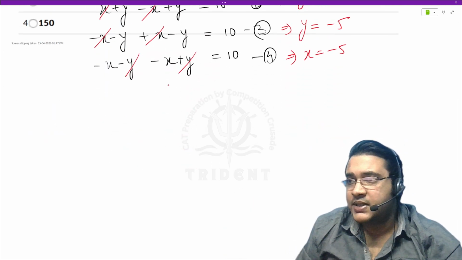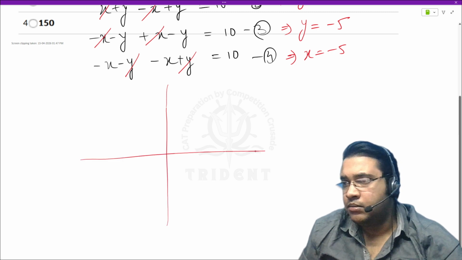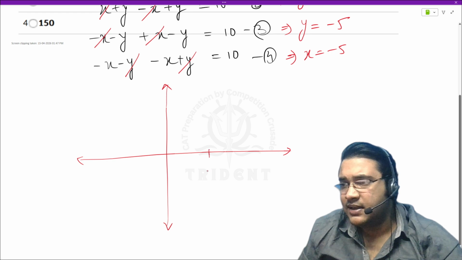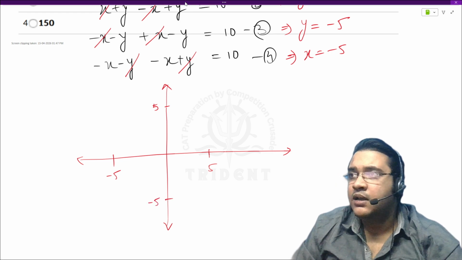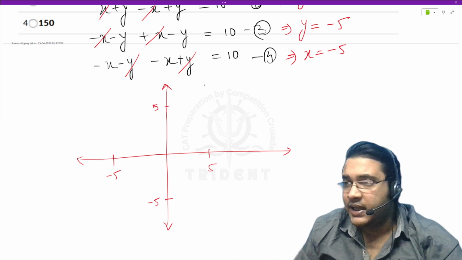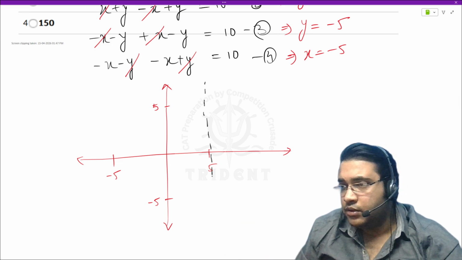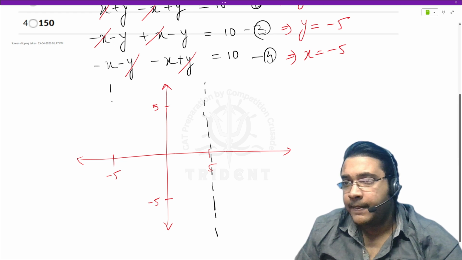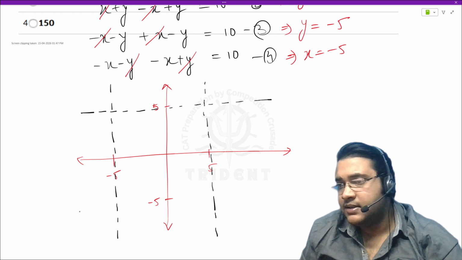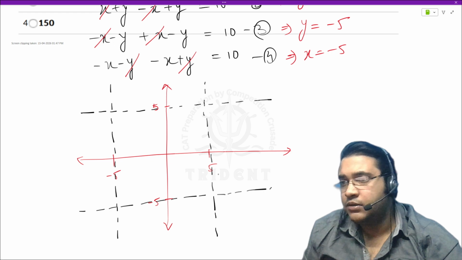How do I represent that? Let's make a makeshift coordinate system. Let's assume this is x equals 5, x equals minus 5, y equals 5, y equals minus 5, right? Now, the area bounded by these lines. x equals 5 is a line parallel to the y axis, so is x equals minus 5. y equals 5 is parallel to the x axis, and y equals minus 5 is again parallel to the x axis.